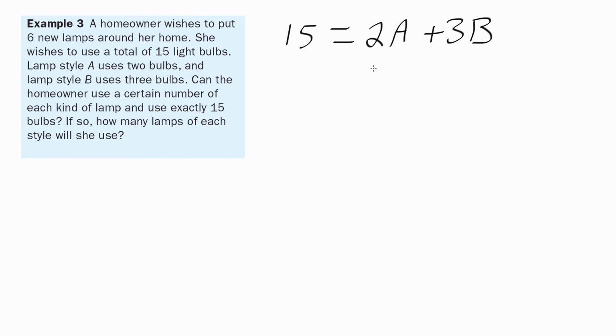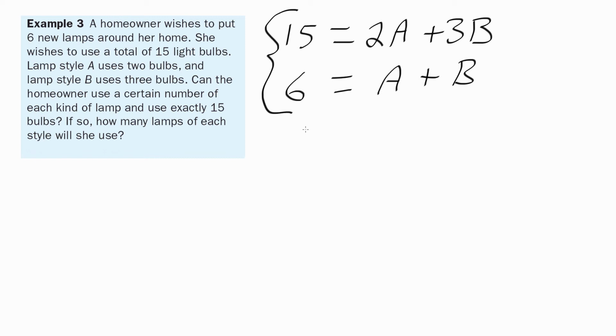Okay, so that gets us our light bulbs. Now we know how many lamps there are. We know there's 6 lamps, and that equals A lamps plus B lamps. Outstanding. I've got a system. I've got 2 equations.